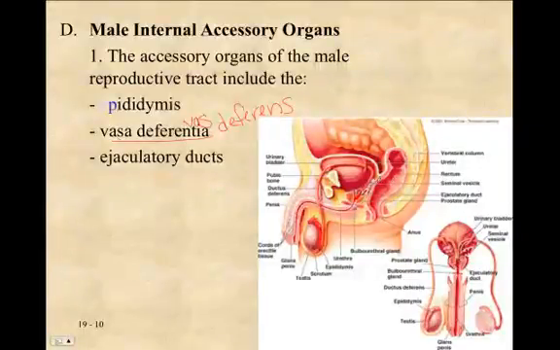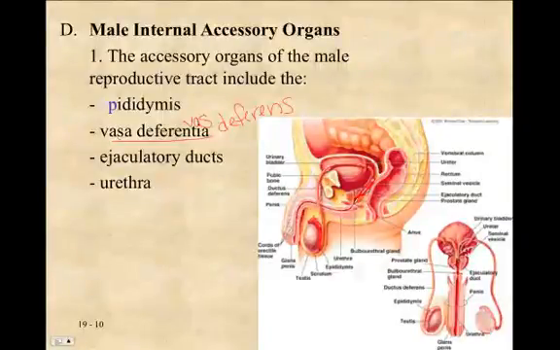You're also going to see the seminal vesicles, which are right here, and the seminal vesicles are also going to dump into the ejaculatory duct. So the seminal vesicles here dump into the ejaculatory duct, and the vas deferens dumps into the ejaculatory duct here. Here's the ejaculatory duct, and that dumps into the urethra.